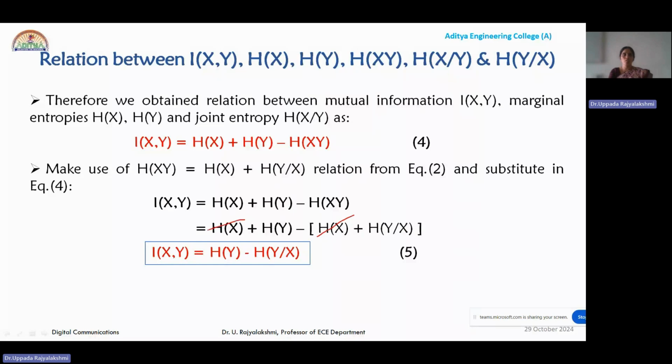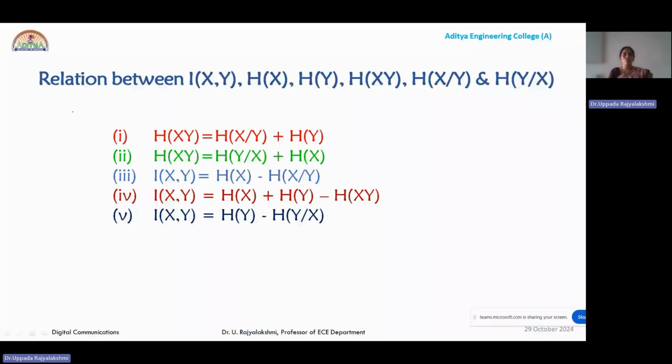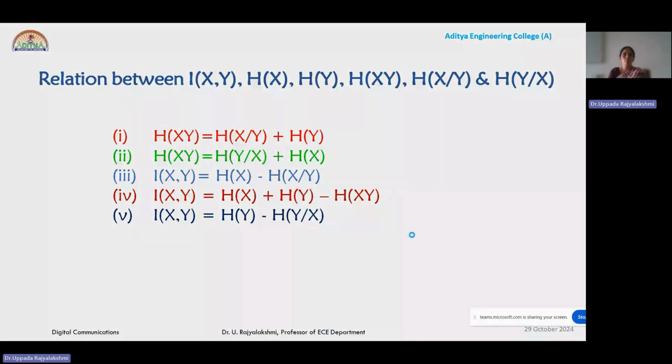Here h of x gets cancelled and you will obtain h of y minus h of y by x. So these are the 5 relations which interrelate the different types of marginal entropies, conditional entropies, and joint entropy. Similarly, these 5 entropies are related with the mutual information. This we discussed in the previous slides.